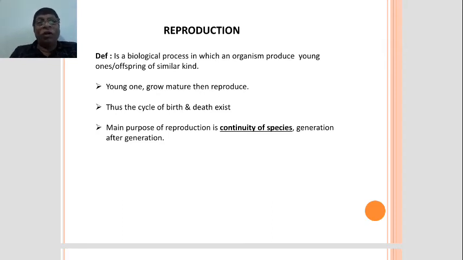If we examine carefully, the main purpose of reproduction is continuity of species. That is, species continuation. This occurs generation after generation.